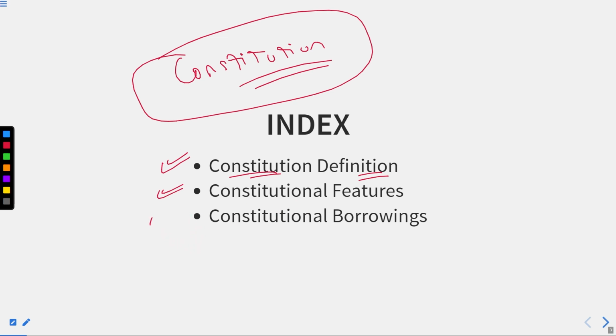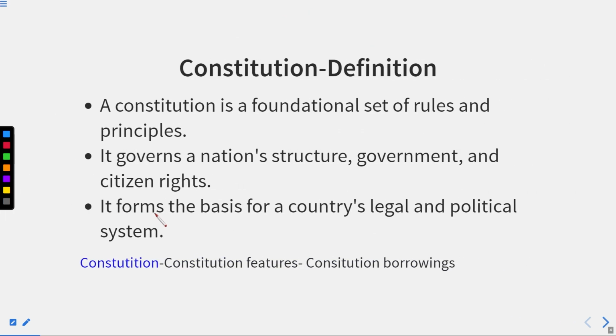Third is the constitutional borrowings. We will cover them one by one in this ongoing lecture. I hope that you have revised the previous lectures so that you are able to connect the points together. So let's start.